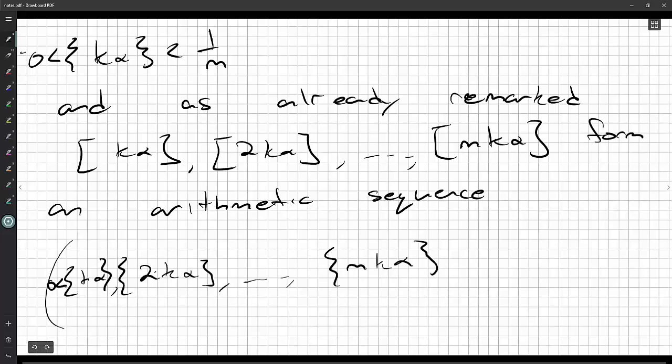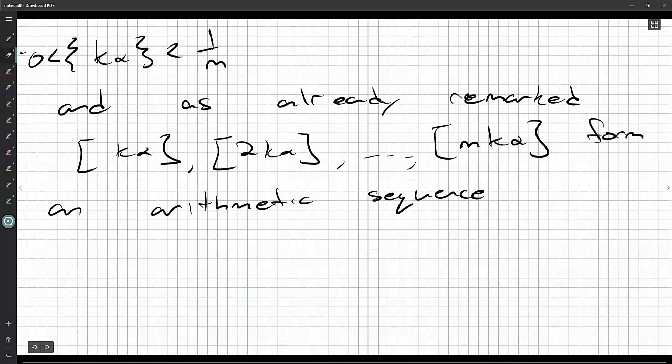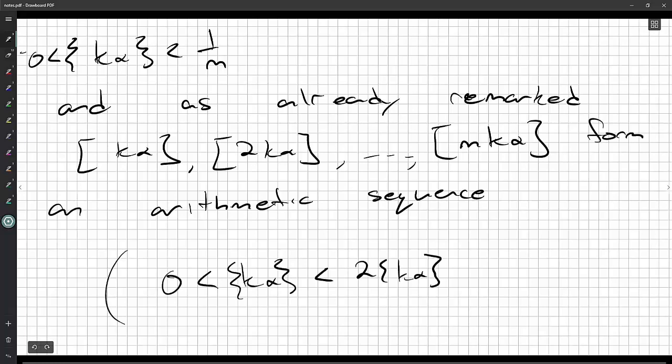Well, no, the fractional parts are always between 0 and 1. So what's the actual argument? I guess it would be 0 is less than k alpha less than 2k alpha. So I don't multiply inside, because otherwise fractional parts are always less than 1. So it's mk alpha, but this would be less than 1.